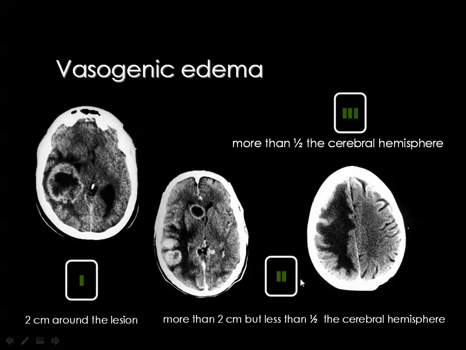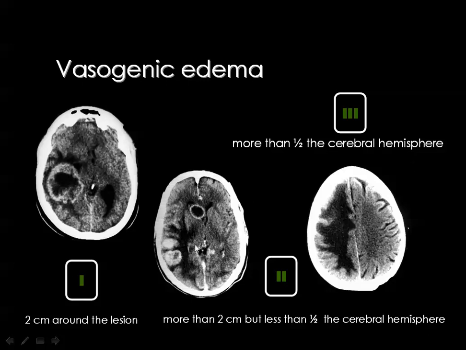Grade 2 represents a zone of hypodensity more than 2 centimeters but less than half of the cerebral hemisphere. And grade 3 represents a branching, finger-like hypodensity which affects more than half of the cerebral hemisphere where the lesion is.